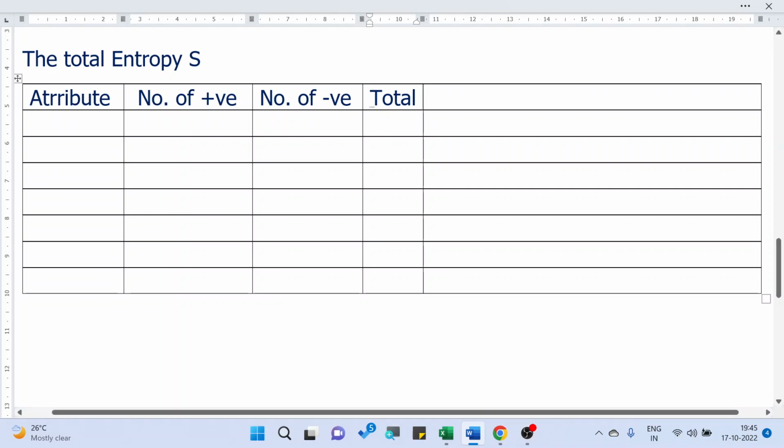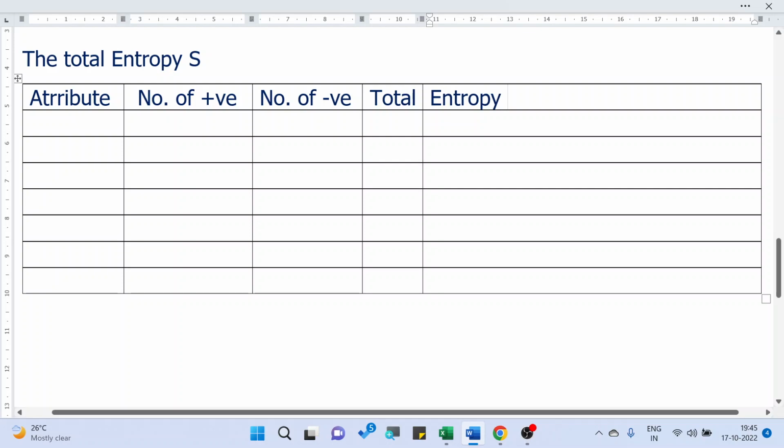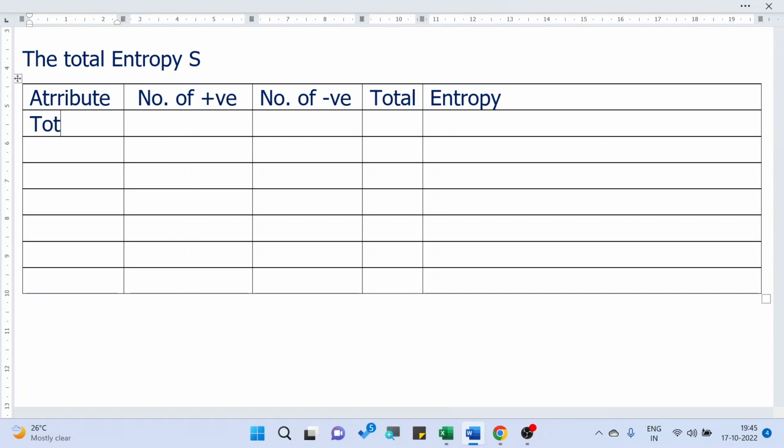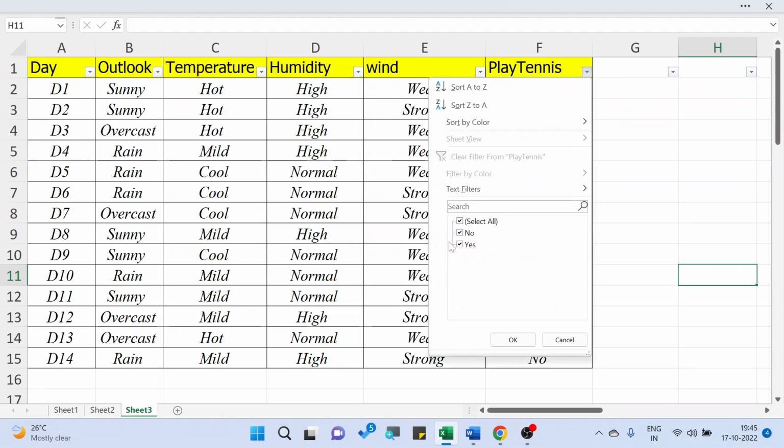Then what is the entropy? For the total set, let us see how many positives and how many negatives are there. Now let me see how many yes are there.